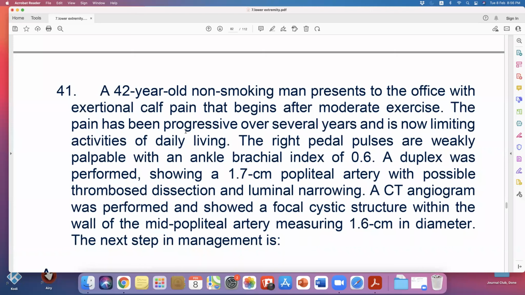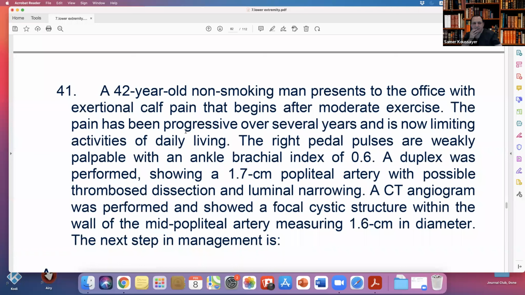A duplex was performed showing a 1.7 centimeter popliteal artery with possible thrombosis, dissection and luminal narrowing. A CT angiogram was performed and showed a focal cystic structure within the wall of the mid-popliteal artery measuring 1.6 centimeters in diameter. The next step in management is... so he's talking about an aneurysm?